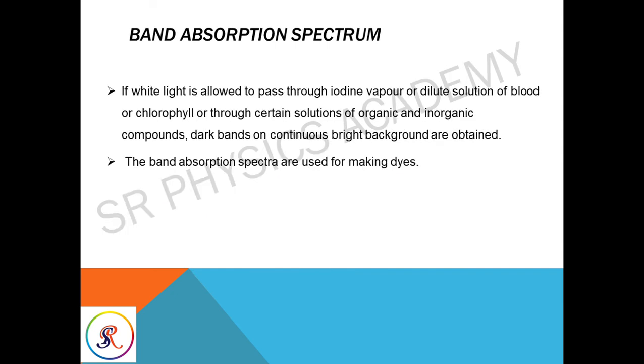Next is the band absorption spectrum. If white light is allowed to pass through iodine vapor, a dilute solution of blood or chlorophyll, or certain solutions of organic and inorganic compounds, dark bands or continuous bright backgrounds are obtained. Band spectra is a name given to a group of lines.